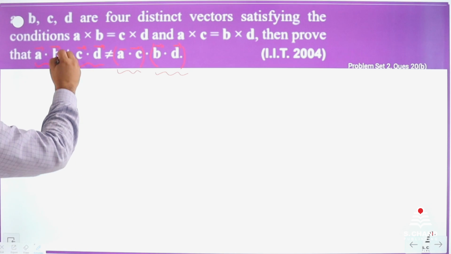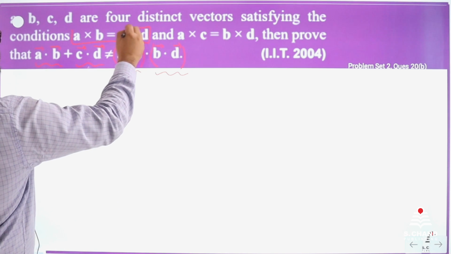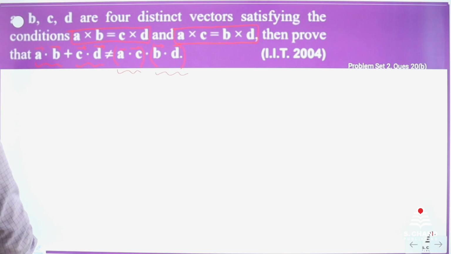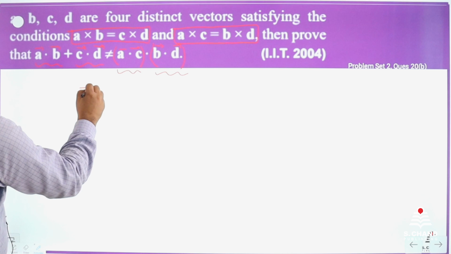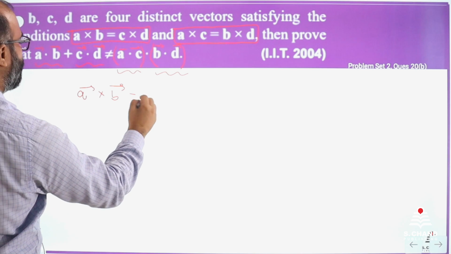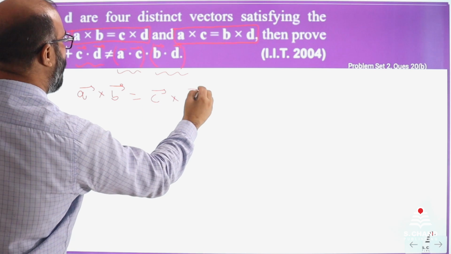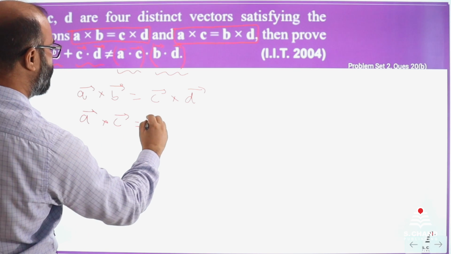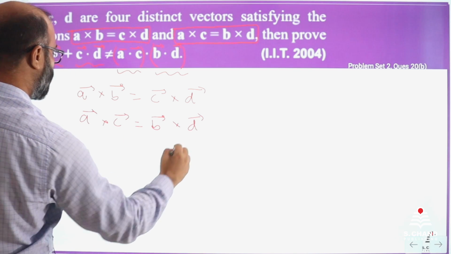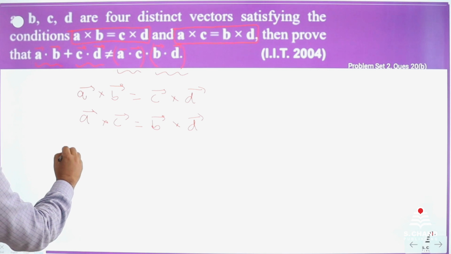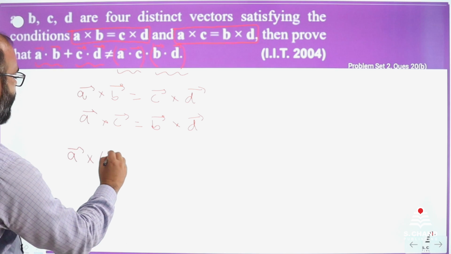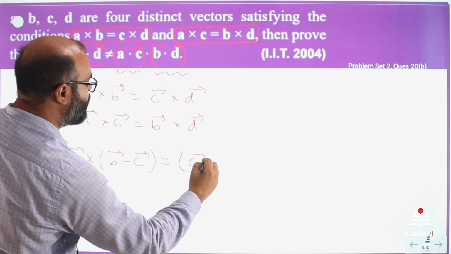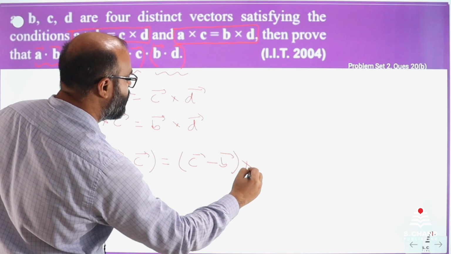Now what is given is a cross b is equal to c cross d and a cross c is equal to b cross d. So what we write here is a cross b is equal to c cross d, and another equation is a cross c is equal to b cross d. So when we subtract them, we get a cross (b minus c) is equal to (c minus b) cross d.